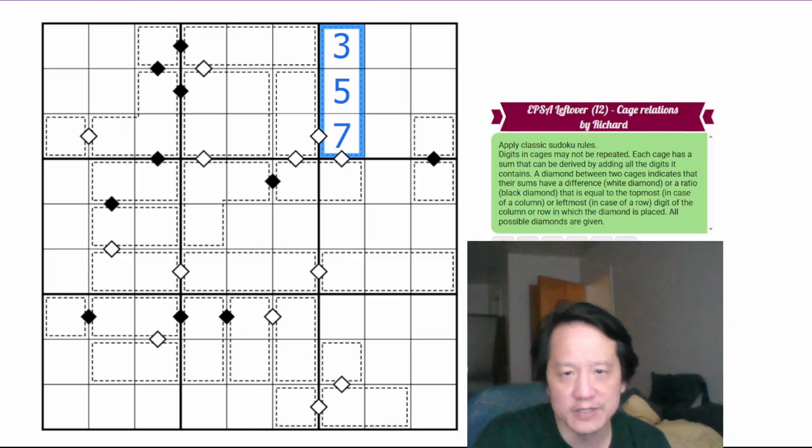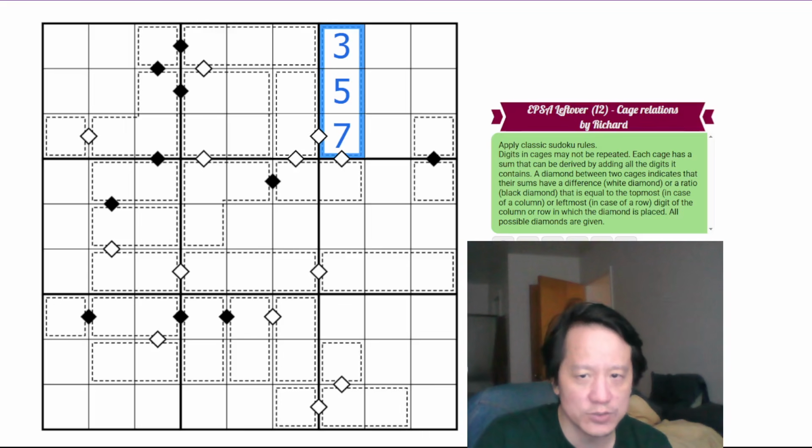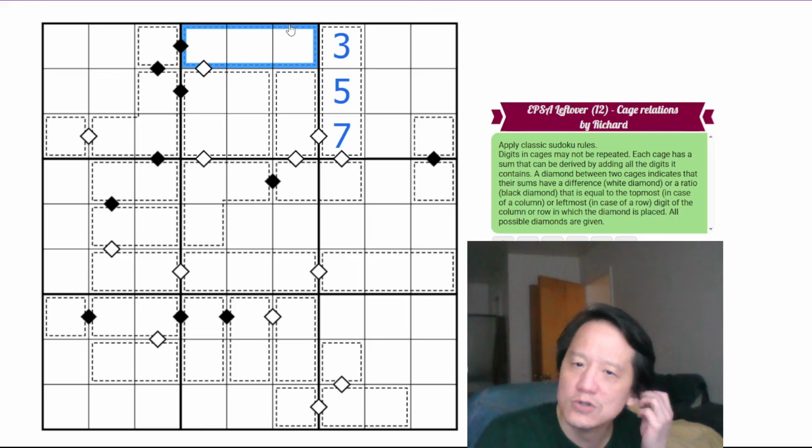A diamond between two cages indicates that their sums have a difference, white diamond, or a ratio, black diamond, that is equal to the topmost in case of a column, or the leftmost in case of a row, digit of the column or row in which the diamond is placed.